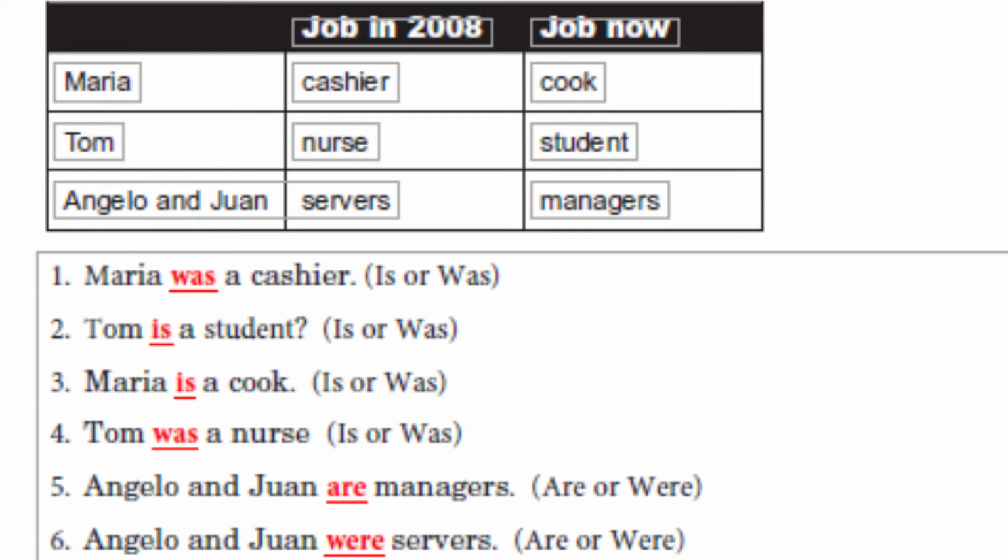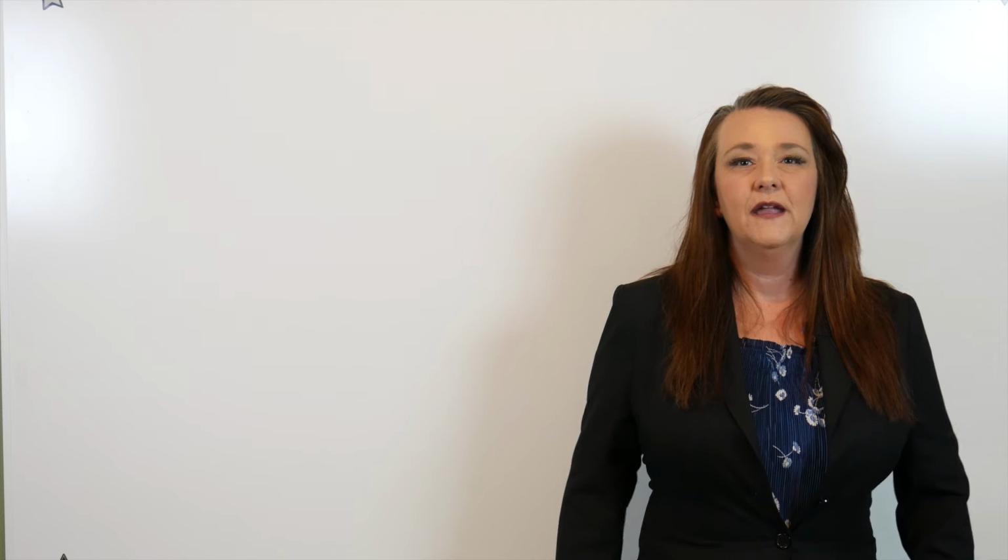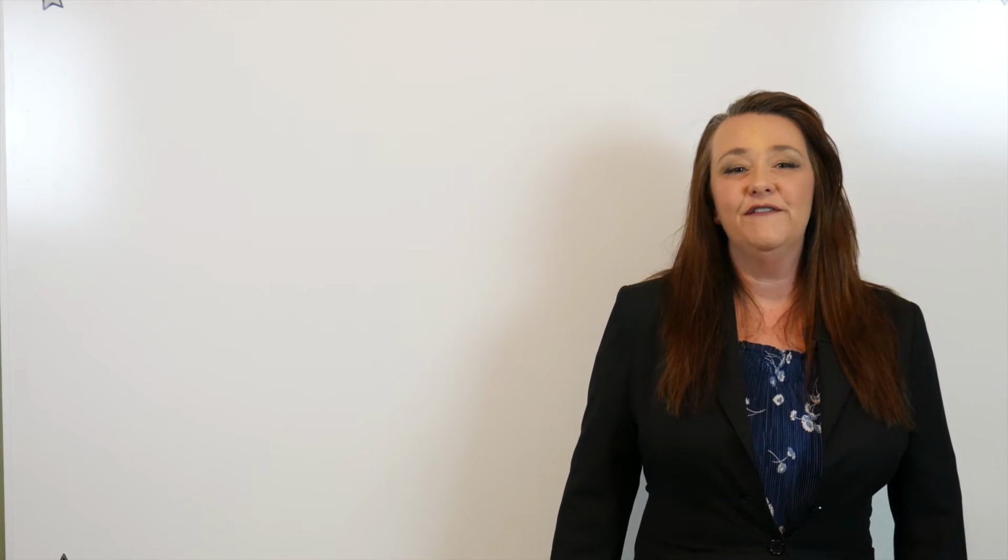Number 4, Tom was a nurse. Number 5, Angelo and Juan are managers. And the last one, number 6, Angelo and Juan were servers. So that was a little review.